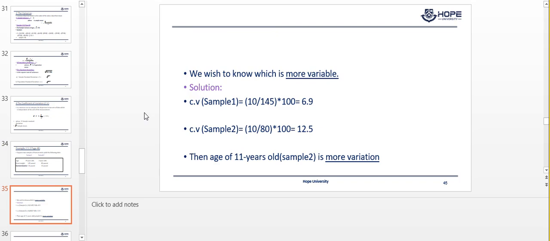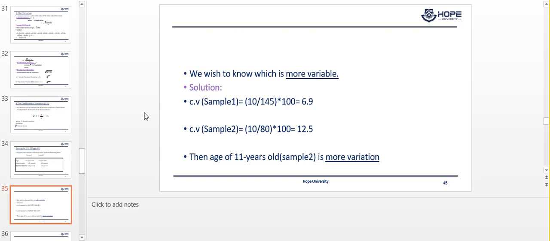In sample 1, standard deviation is 10, divided by mean weight of 145, times 100, which is 6.9. In sample 2, we have 10 pounds standard deviation divided by mean weight of 80 times 100, we have 12.5. So sample 2 has greater variation than sample 1.